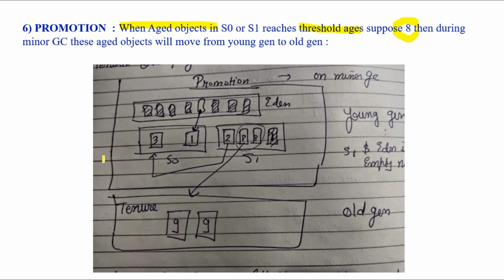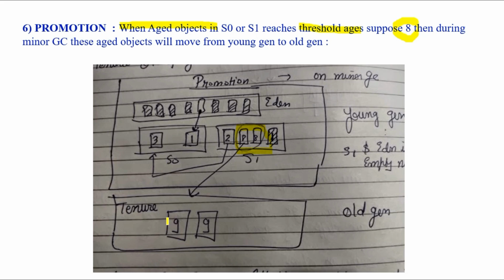Now I'll show you how promotion goes from young generation to old generation. So when an object reaches a threshold, suppose an object has survived 8 minor garbage collection cycles, at that particular time the object is not moved to another survivor space. Rather, the object is moved to old generation because the object is now strategically an old object.